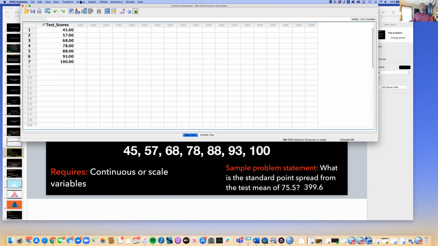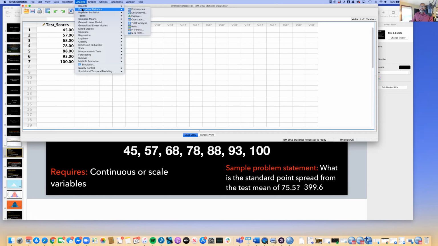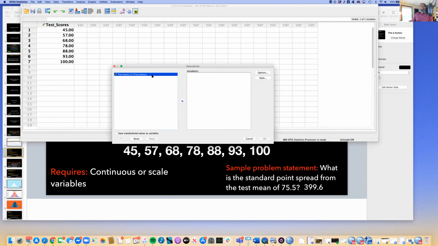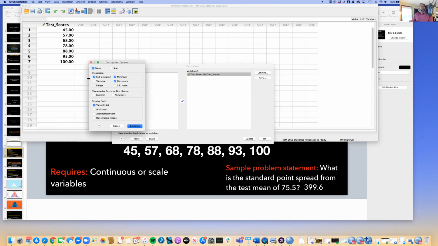So now, in order for us to get the variance, we're going to go to Analyze. We're going to go to Descriptive Statistics. We're going to go over to Descriptives, and we're going to put that variable over here in this box. Okay? Then we're going to click Options, and we're going to uncheck everything except variance.